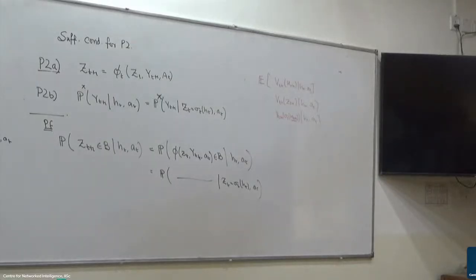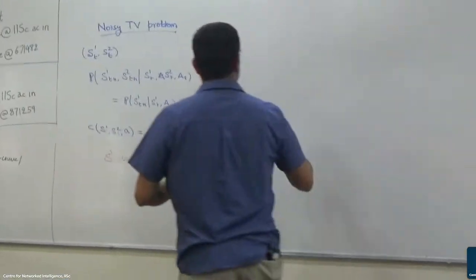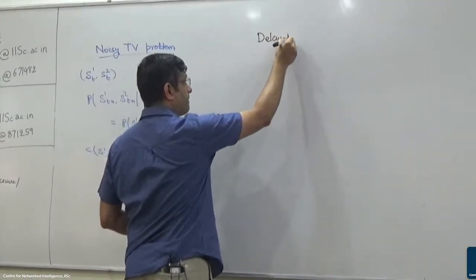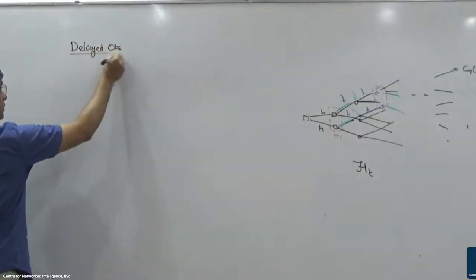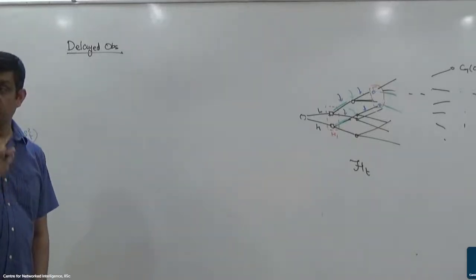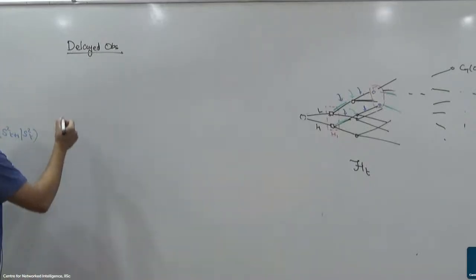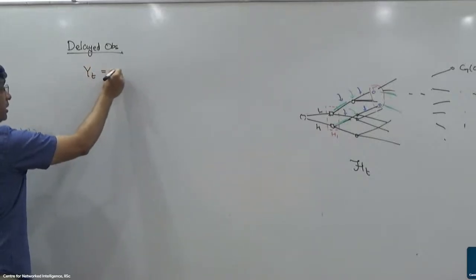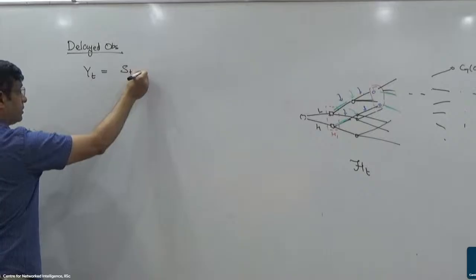All right. So let me give a few more examples. This one is interesting. This is delayed observation. So suppose I have an MDP. Let's go back to this inventory control type of problem, but I don't get to see the realized value of the state instantaneously. So suppose my observation at time t is the state at time t minus d.